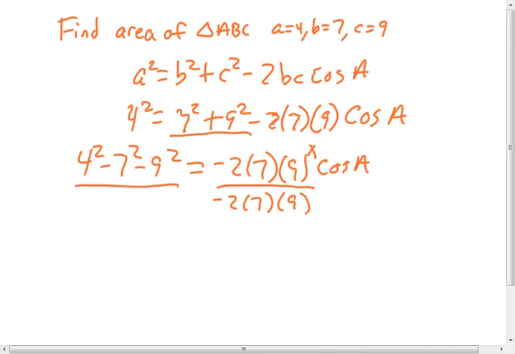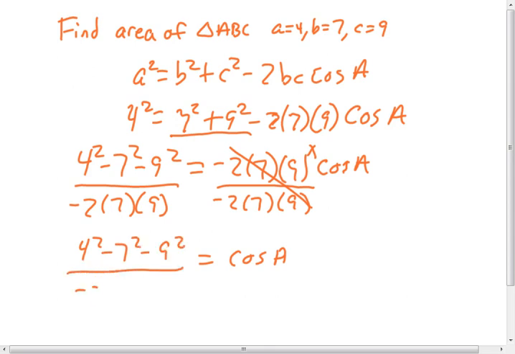We have to do it on both sides in order to get rid of it. So cosine of A is equal to 4 squared minus 7 squared minus 9 squared over minus 2 times 7 times 9.